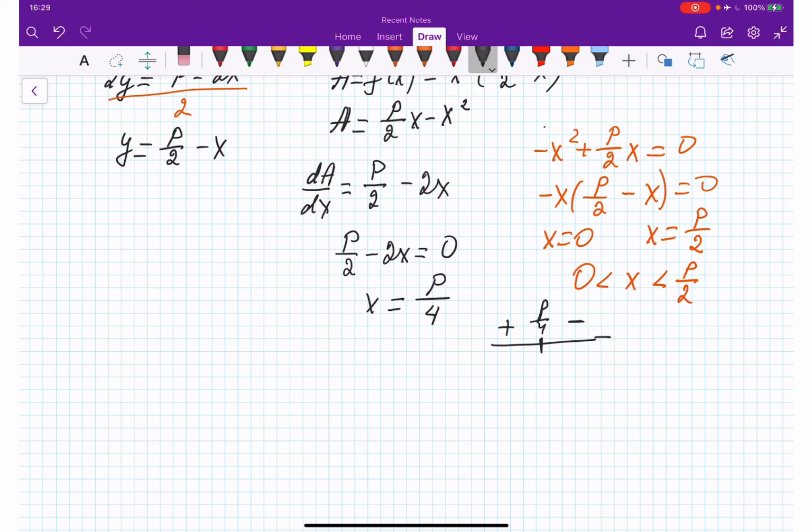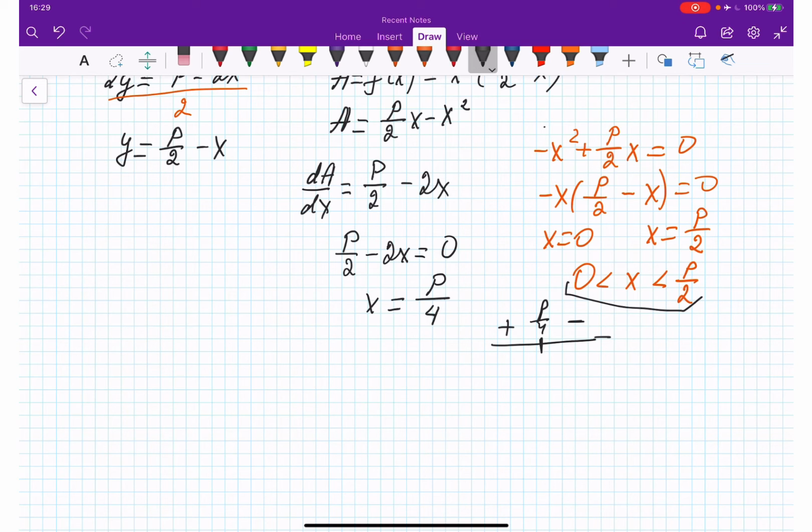So smaller than P over 4, you can take P over 5, let's say, or P over 6, and for greater you can take P over 3, because don't forget the limitation is P over 2, and it's less than, so you don't take P over 2, you just take less than P over 2. Okay, that will be your test.